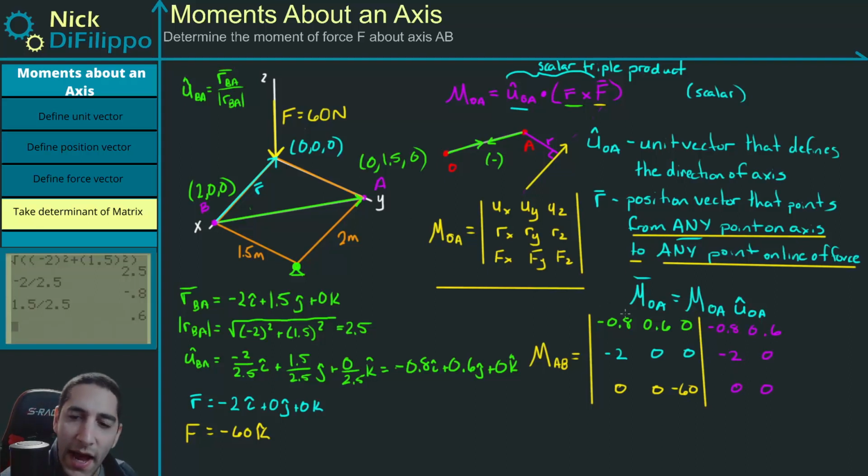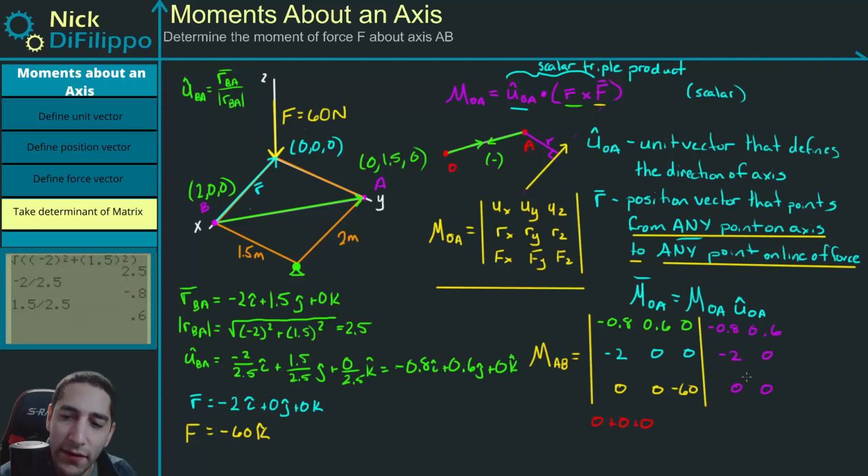We are then going to multiply all the terms that are on a diagonal. So that has a diagonal of 3. So we're going to multiply these together, and we're going to add anything that slants this way. Now, in this particular problem, what do I see? I see a 0 in all of these terms. So if I do minus 0.8 times 0 times 60, I get 0. 0.6 times 0 times 0, I get 0. 0 times minus 2 times 0, I get 0.